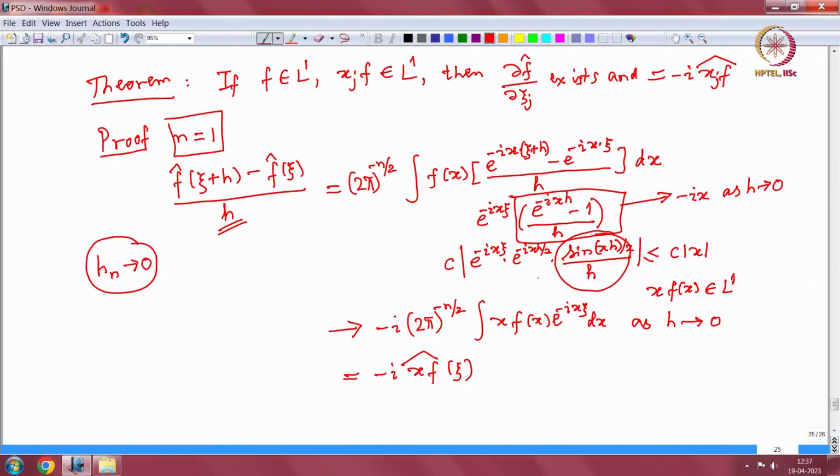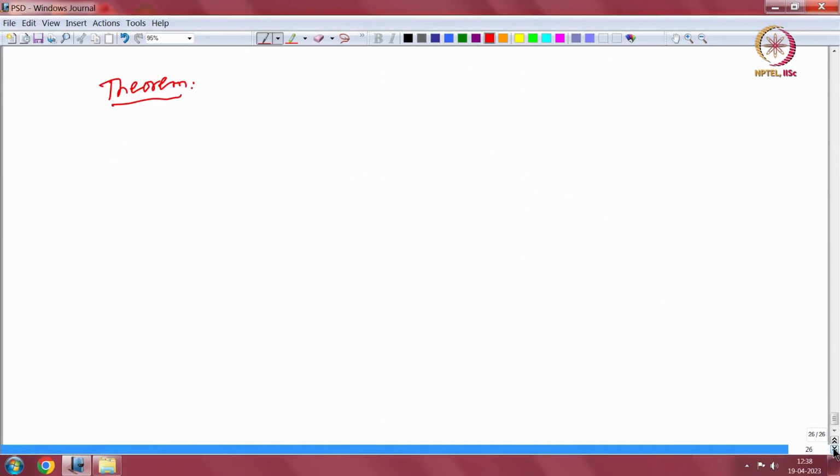There are several steps here, and convince yourself how the dominated convergence theorem is used. This is always used in interchanging the limit and integral sign, under appropriate conditions, so we should verify those conditions.